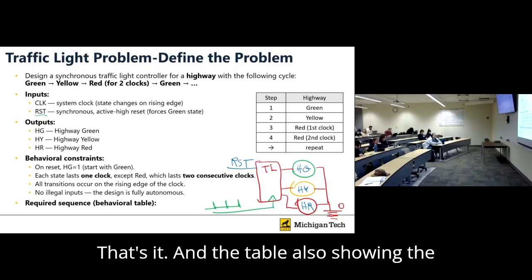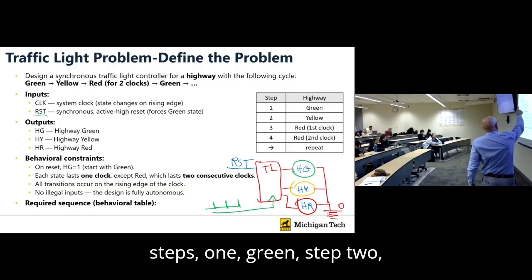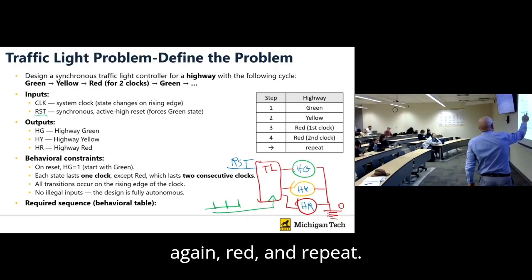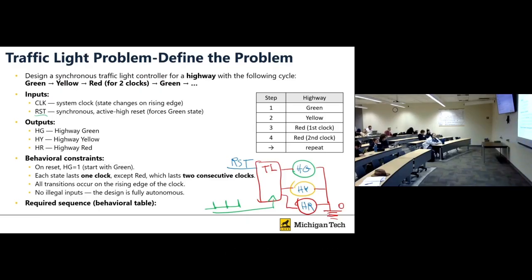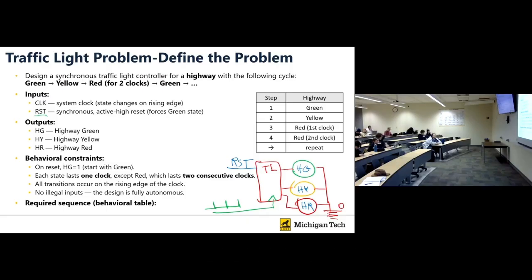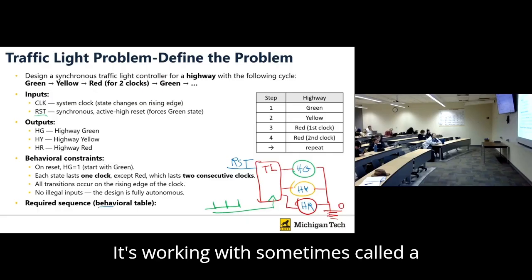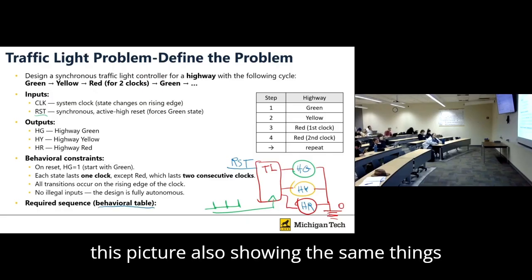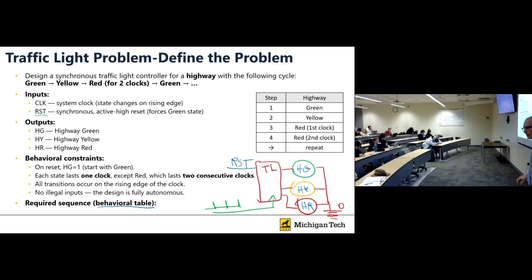The table also shows the steps: step 1, green; step 2, yellow; step 3, red; step 4, again red, and repeat. We sometimes call that a behavioral table. This picture also shows the same things. So we want to design that.